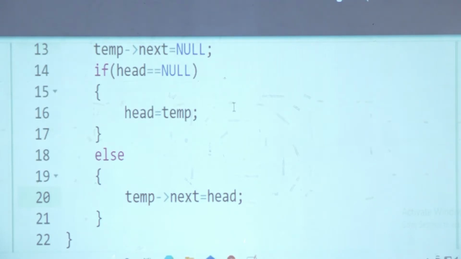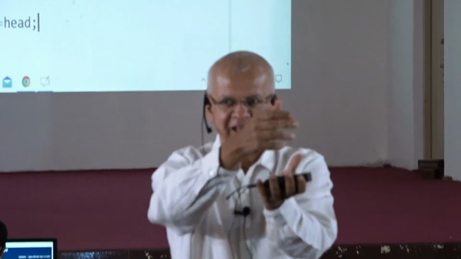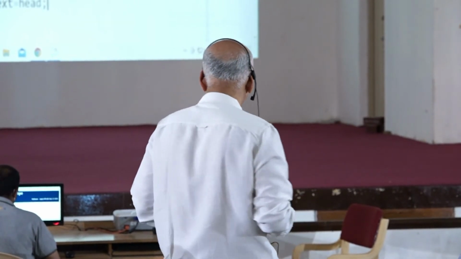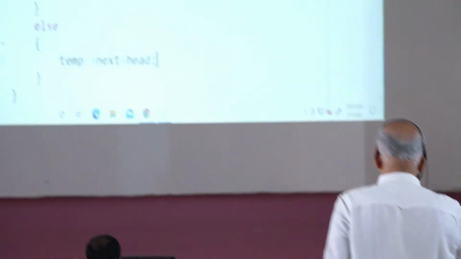Look at my hands. I have a node, and I have a head, some list. I am creating a new node. I want to make this guy's next equal to this guy. So my new node's next is going to become the old head. I am adding to the head, so it becomes easier.